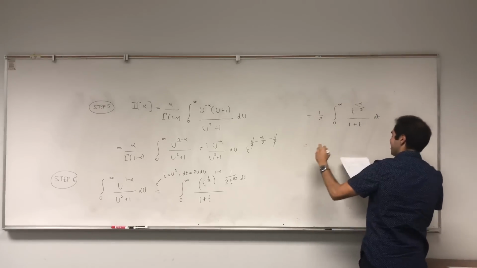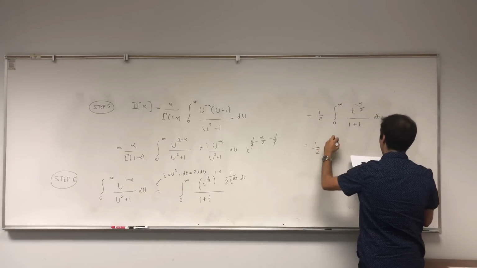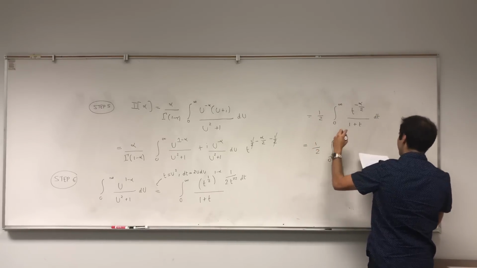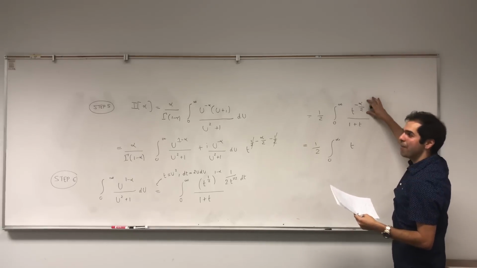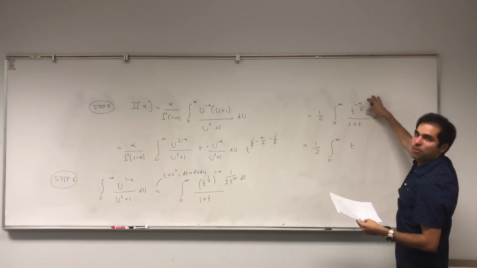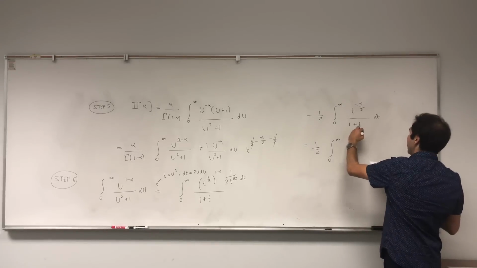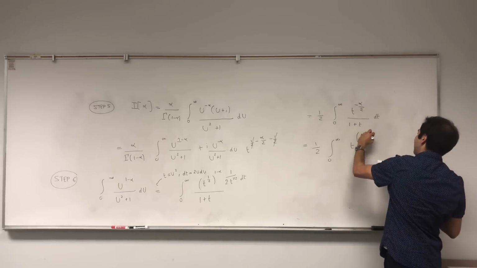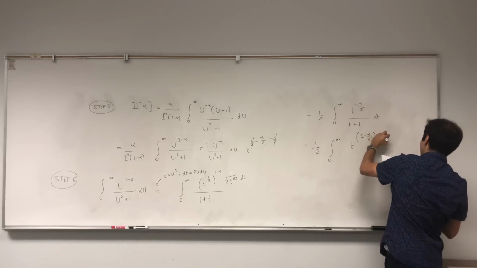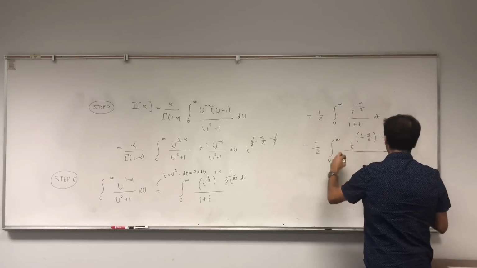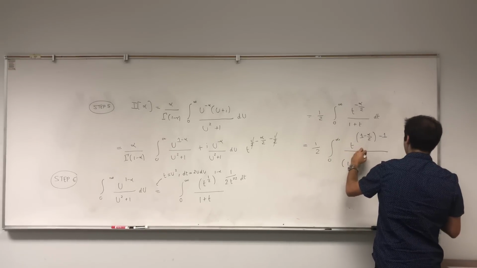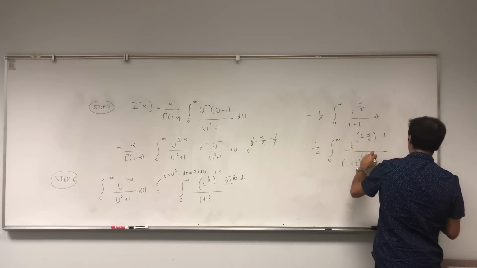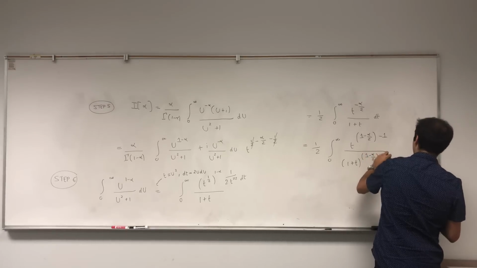And we can write this in a strange form. Integral from 0 to infinity of t to the, let's write it like the gamma function, something minus 1. So it becomes 1 minus alpha over 2 minus 1, over 1 plus t to the power of 1 minus alpha over 2 plus alpha over 2.